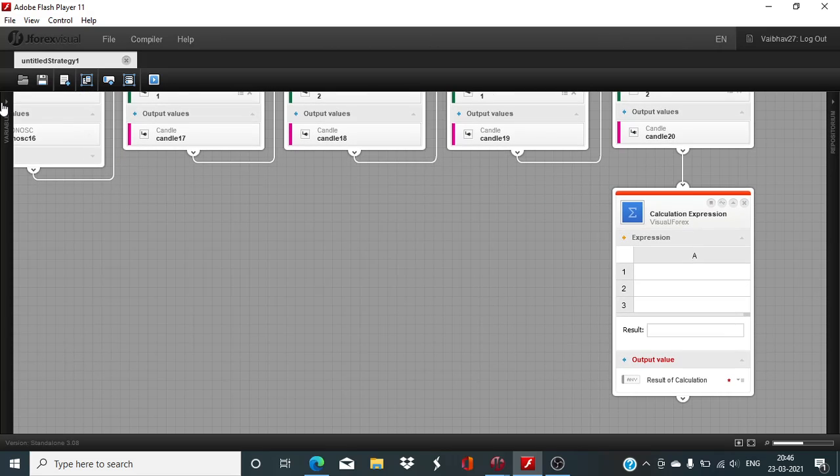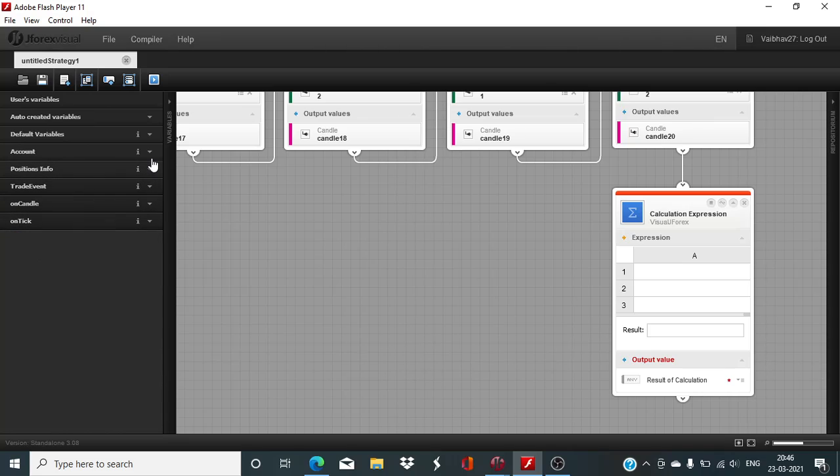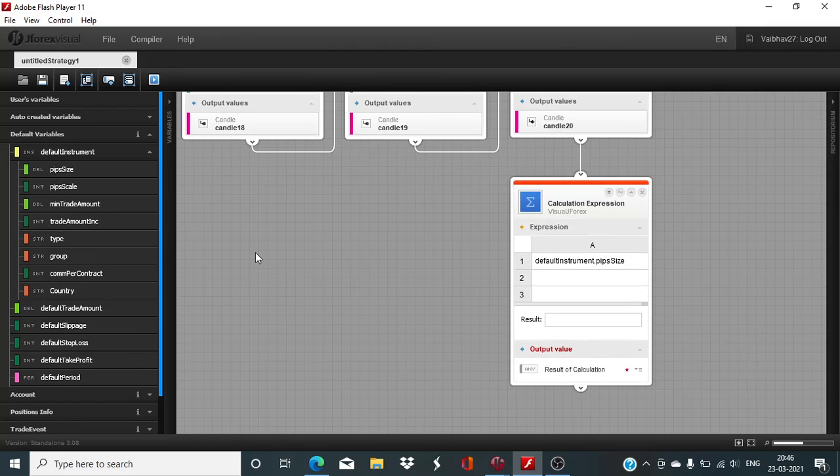And for that, first we have to take the default instrument pip size, and we want the difference of at least 7 pips between the opening and the closing value.